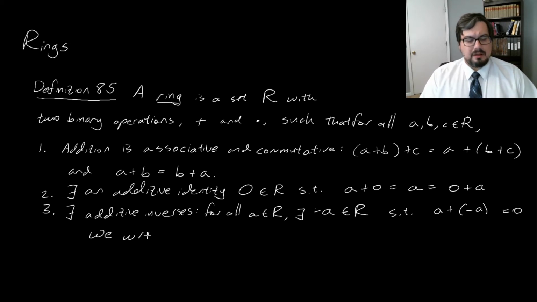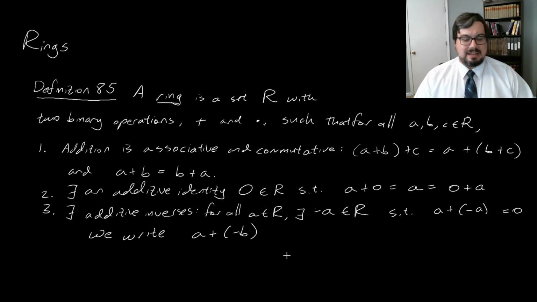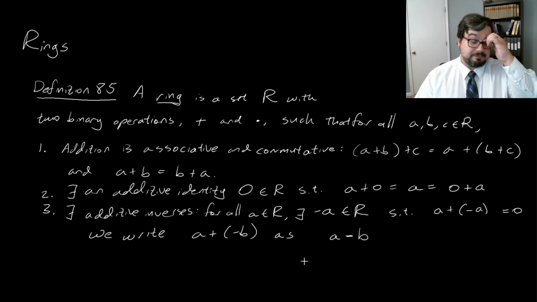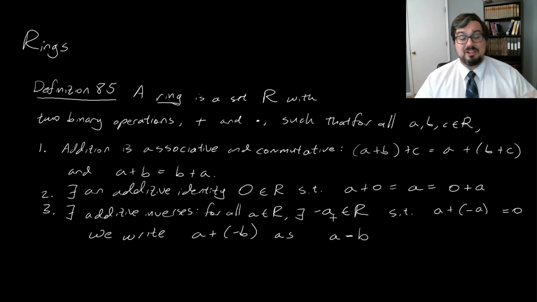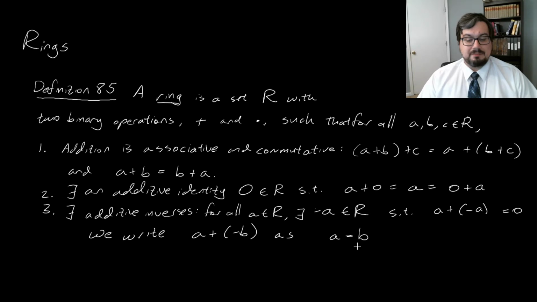Furthermore, when we have some expression like a plus the additive inverse of b, we usually write that simply as a minus b. Technically, subtraction is not generally studied as its own operation because it's not even associative, but we'll usually use the standard abbreviation of a plus negative b being written as a minus b.